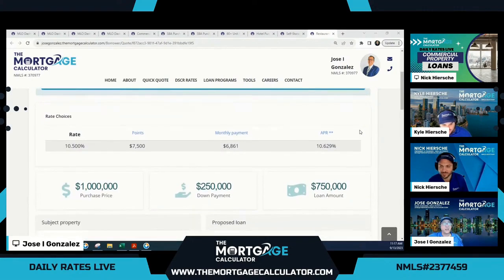So you'd be looking at a rate. Now, mind you, in the commercial world, it's really going to be so specific to the deal, right? They're going to weigh out the risk, location, borrower. I mean, they're going to vet everything. And then after they assess the risk, they're going to give you a rate. So the rate is not going to be set in stone, right?